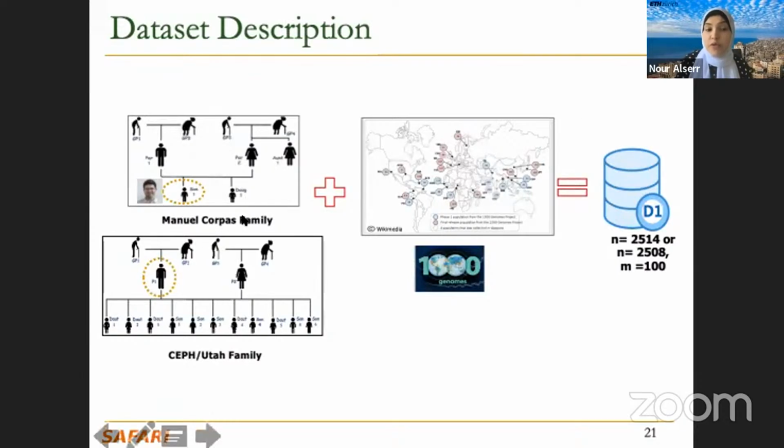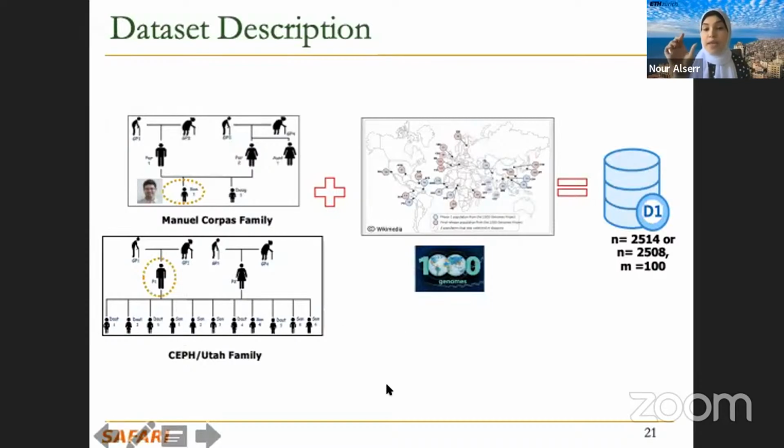The first one is the Manuel Corpas family. Manuel Corpas is a scientist. He shared the genomic data of himself and some of his family members to empower scientific research on genomic data and also biomedical research. We have another family, the Utah family. We have the data for the parents, the grandparents, and 11 siblings.